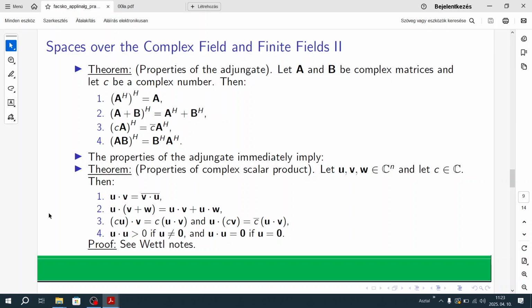Compare the scalar product, you have these features. For the previous stuff, if I do not consider this c conjugate, this is almost a linear transformation, because you can see the additivity, and you almost have homogeneity, but just almost, because it's not c, it's c conjugate.